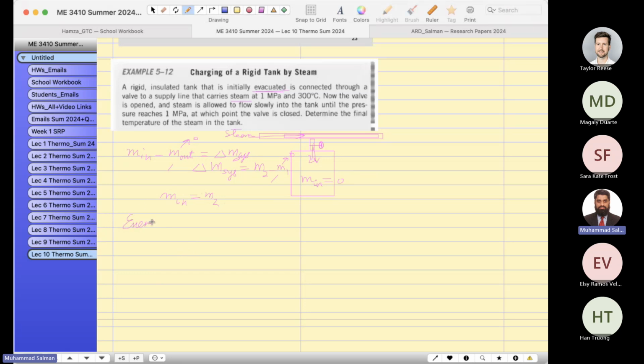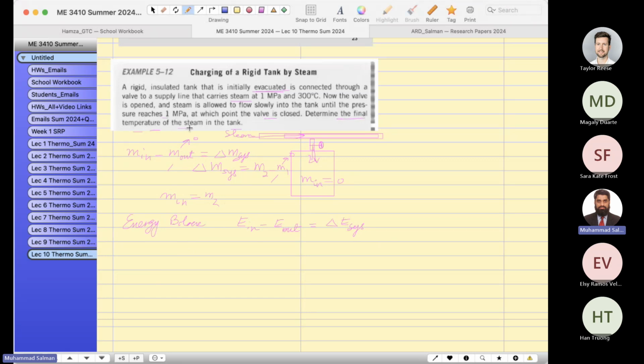Energy balance. So energy going in minus energy out is change in energy of the system. And in this case, the valve is open, the steam is allowed to flow slowly into the tank until the pressure reaches this. Okay, the pressure increases at the edge of the valve.